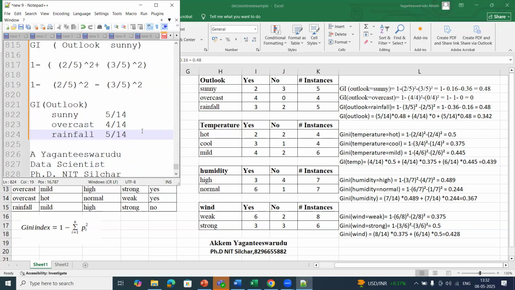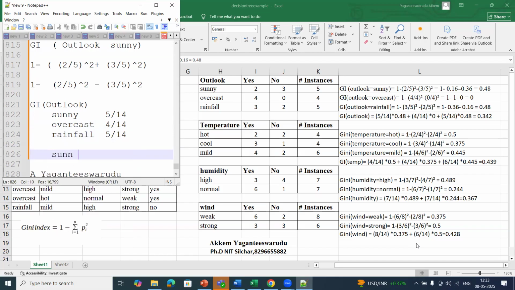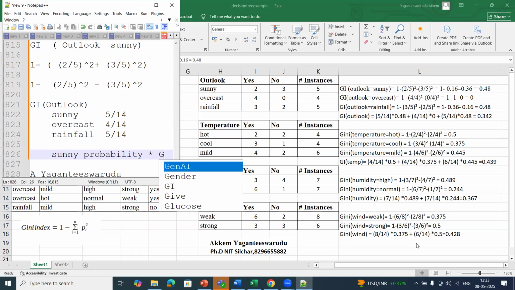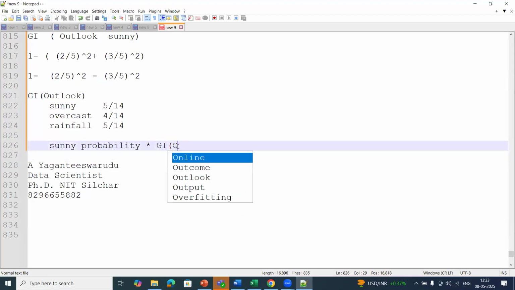And the final combined Gini index is the sunny outlook probability into the Gini index of outlook equal to sunny.